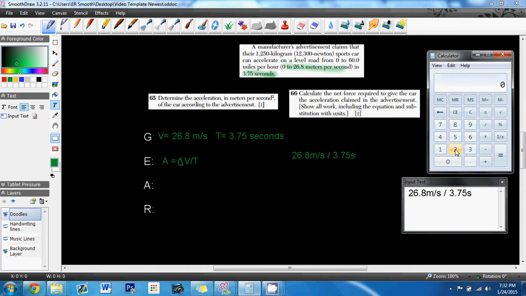When we divide this, 26.8 over 3.75, we get 7.146666666. Instead of writing that entire number, we can just round that to 7.15.